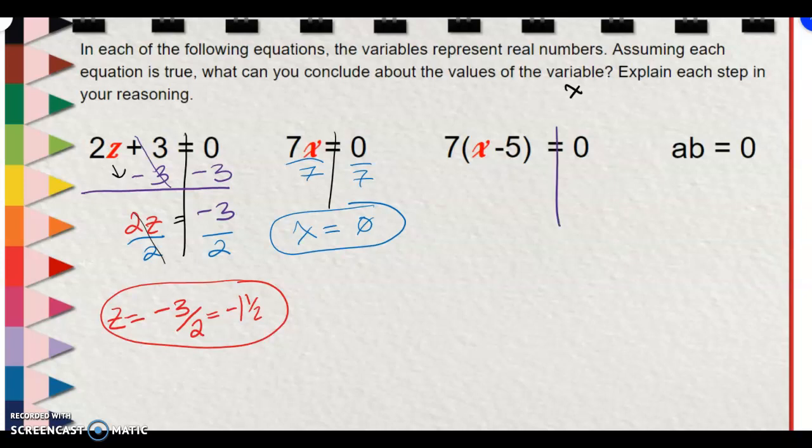All right, so then we're going to look at this one here. Remember, you need to distribute first. 7 times x is going to give me 7x, and 7 times negative 5 is going to give me negative 35. Bring down my 0. Remember, we need to do the same steps as the first one here. Get 7x by itself by adding 35 to both sides.